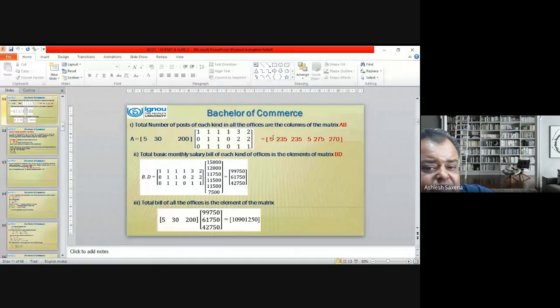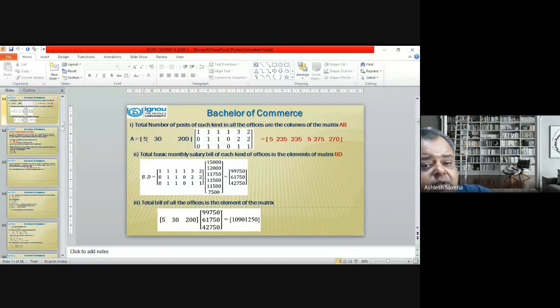Now how did this 5 come? 5 into 1 is 5, 30 into 0 is 0, 200 into 0 is 0. That means we get 5. Similarly, we multiply these three elements with the next column. So 5 plus 30 plus 200 is 235. This is 235. The third one is again 235. The fourth one is the same as 5.